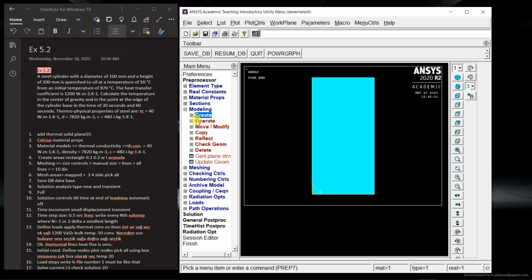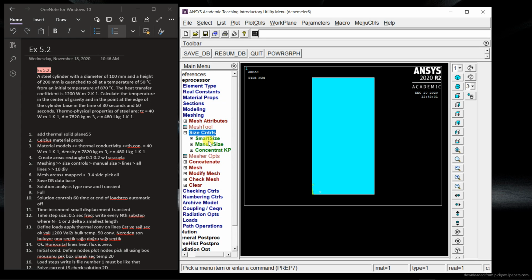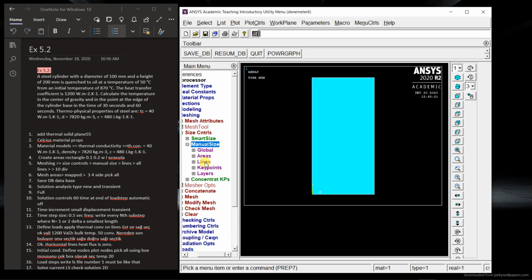So the important thing here is that we should do meshing. Okay, we should do this. So size controls, manual size and lines. So here's the 0.1 and the 0.2, right?